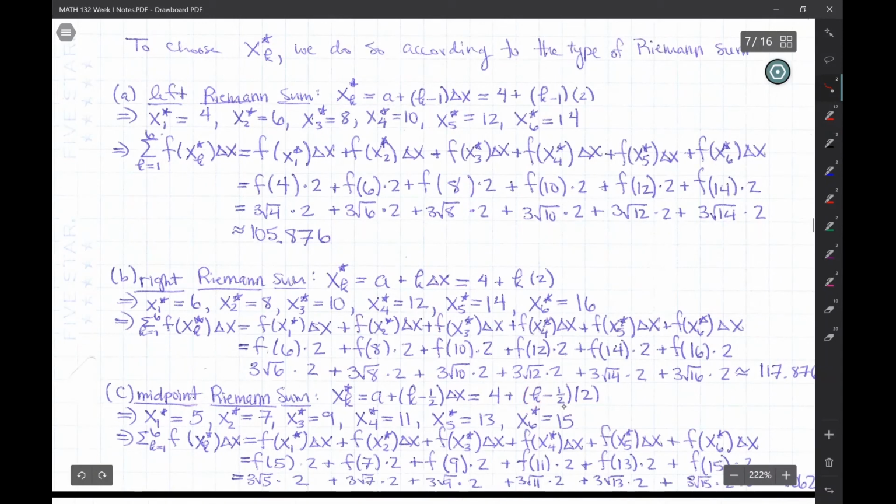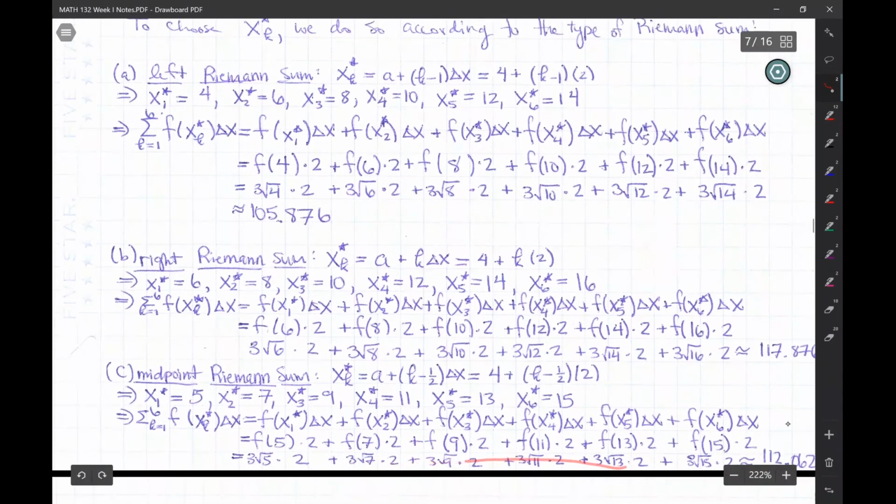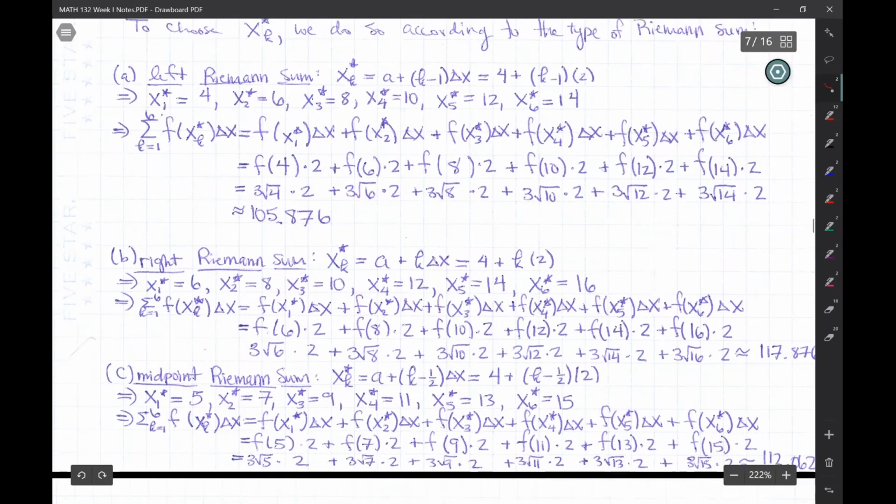That's 1 minus a half. That's a half times 2. Well, that's just 1. So 4 plus 1, we get 5. Okay. Perfect. And we could do the same thing now where we're evaluating at the midpoints. Okay. Notice these are all the midpoints. And we carry out that sum, and we get 112.062.